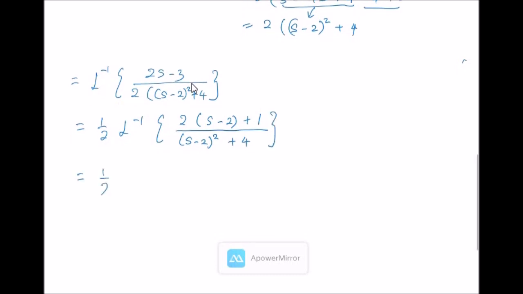Then I simplify again, I take out the 1 over 2. So I split into 2 because the operation is a plus.